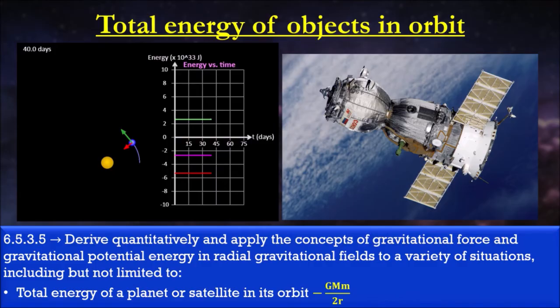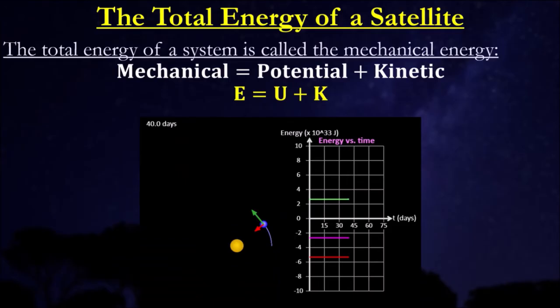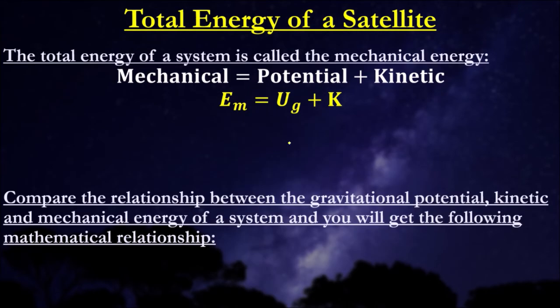Now, let's have a look at the total energy. You might have already had a look beforehand; we might go back to this a little bit later. Let's firstly look at the total energy, or mechanical energy, of a satellite or planet in motion.